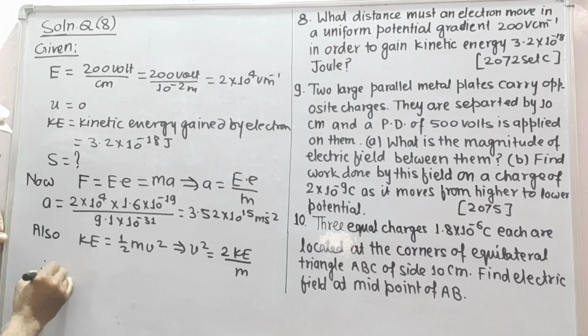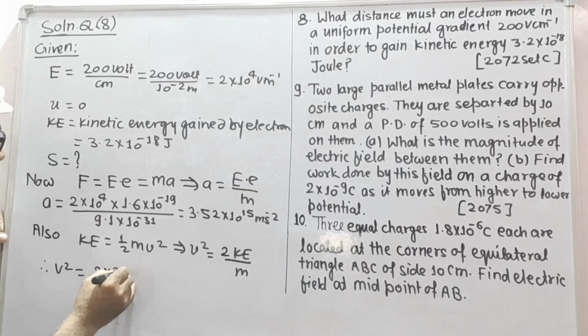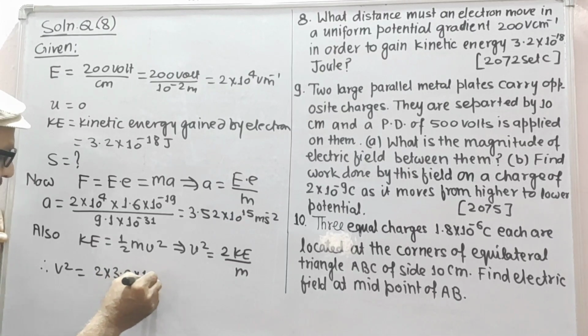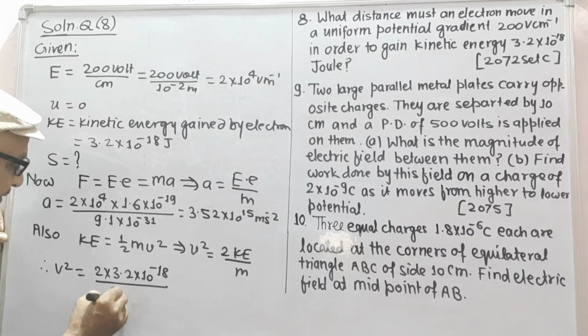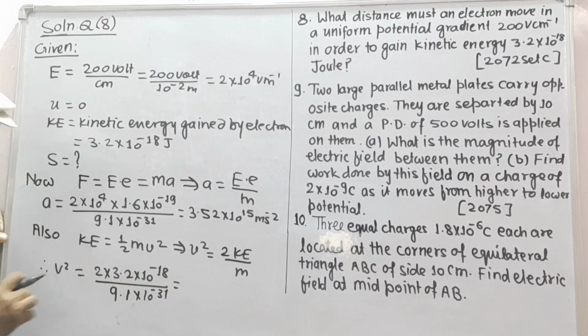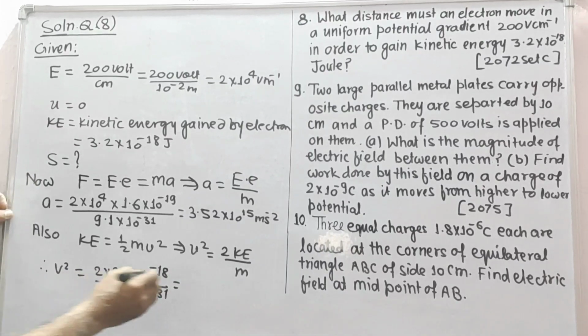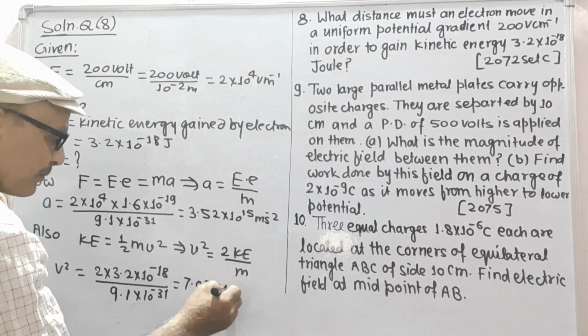So we get v square as 2 into 3.2 into 10 to minus 18 upon electronic mass 9.1 into 10 to minus 31. So we get v square as 7.03 into 10 to power 12.